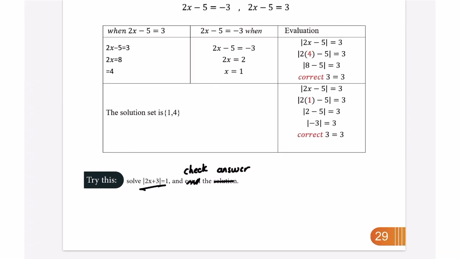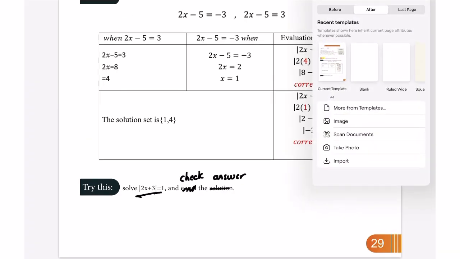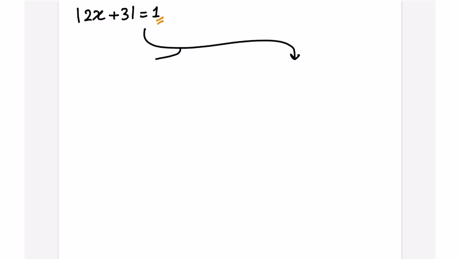So what I'm going to do, I'm going to open a new page. I have the absolute value of 2x plus 3 equal 1. Now we are going to solve this one here. First thing we should understand, this is a positive number. So I'm going to write it in two ways here, okay?